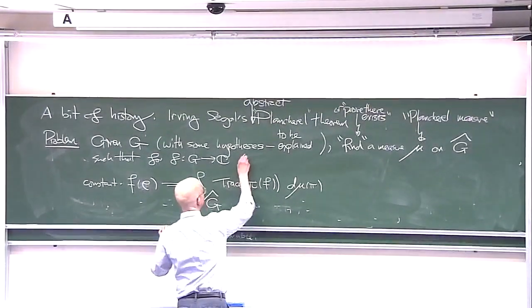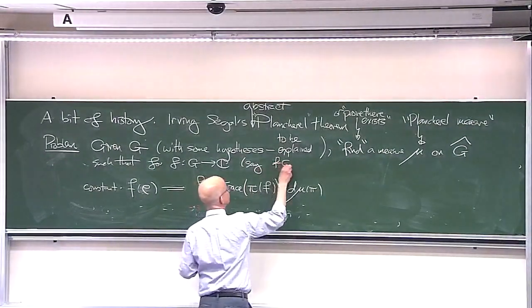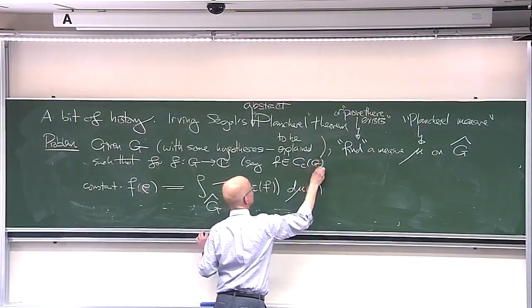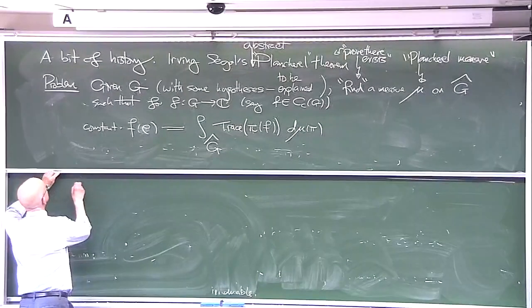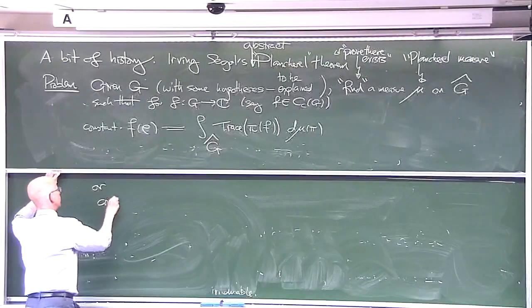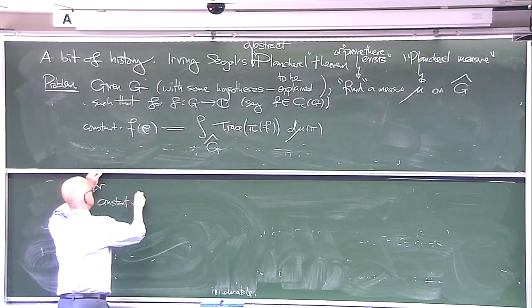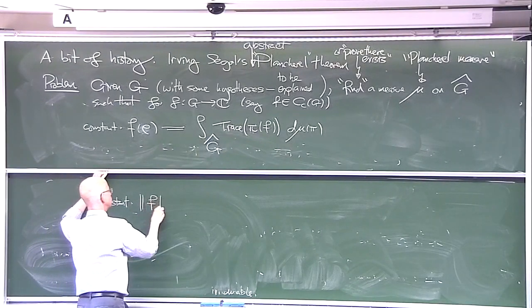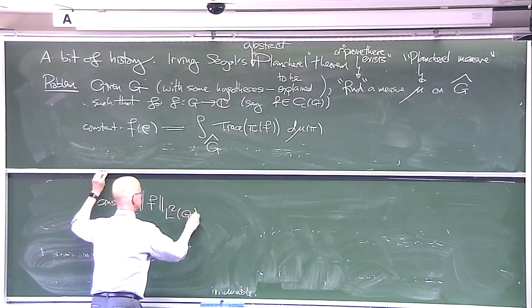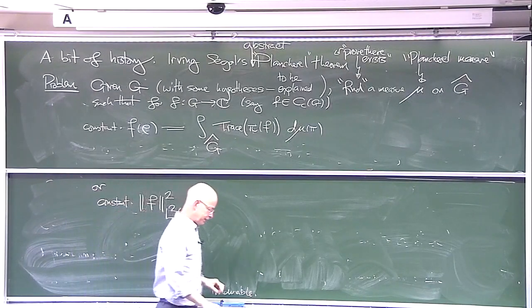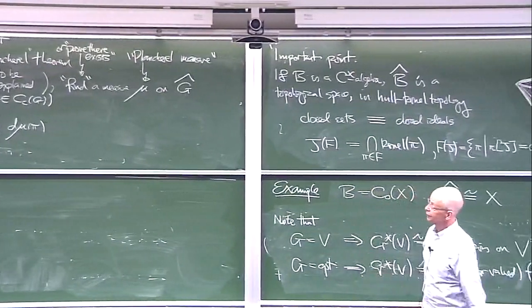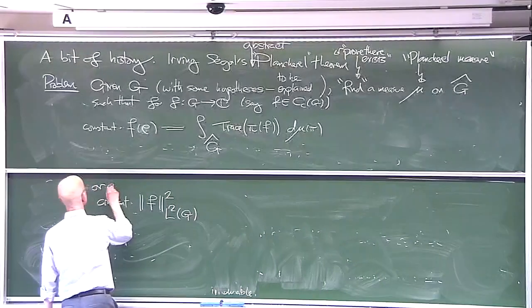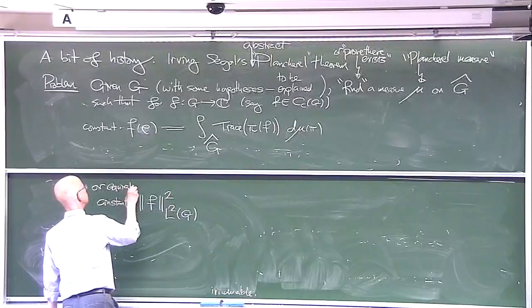First of all, let's at least get started. As I explained, there are two ways of writing down Plancherel's formula, and one looks like the formula above, and another one involves norms, somehow a little bit better, and they're equivalent.